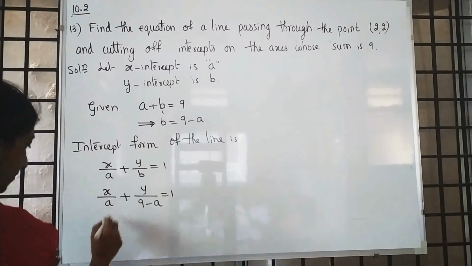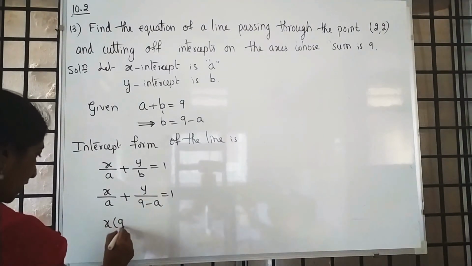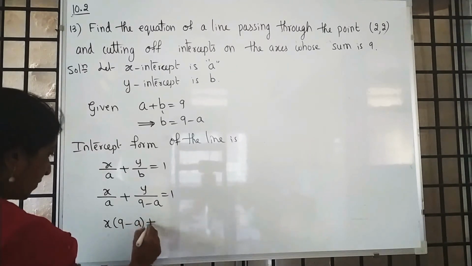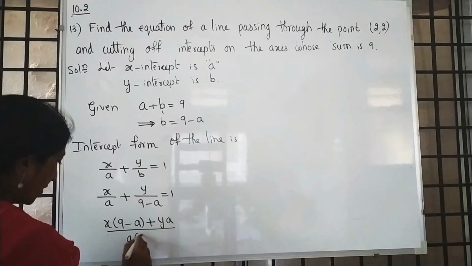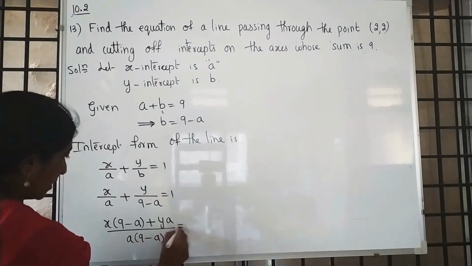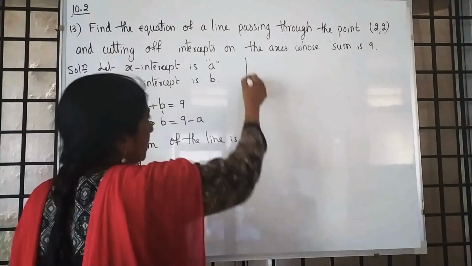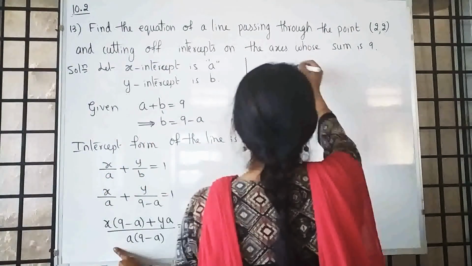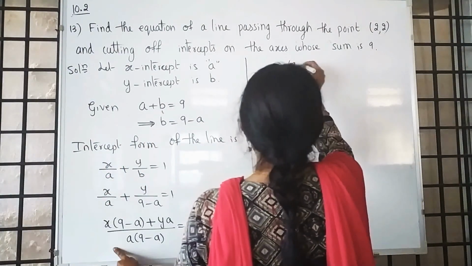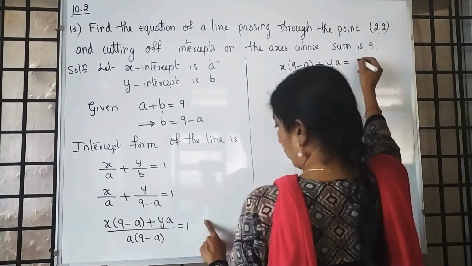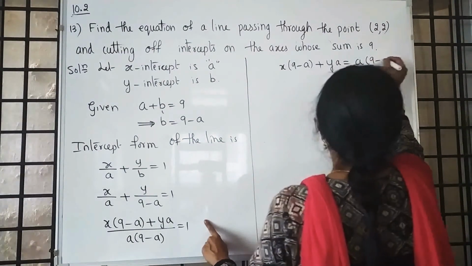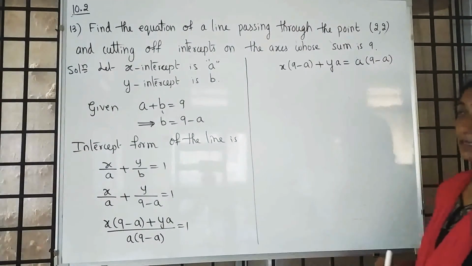Take the LCM. x into 9 minus a plus y into a divided by a into 9 minus a is equal to 1. Cross multiply. x into 9 minus a plus y into a is equal to a into 9 minus a. Correct.